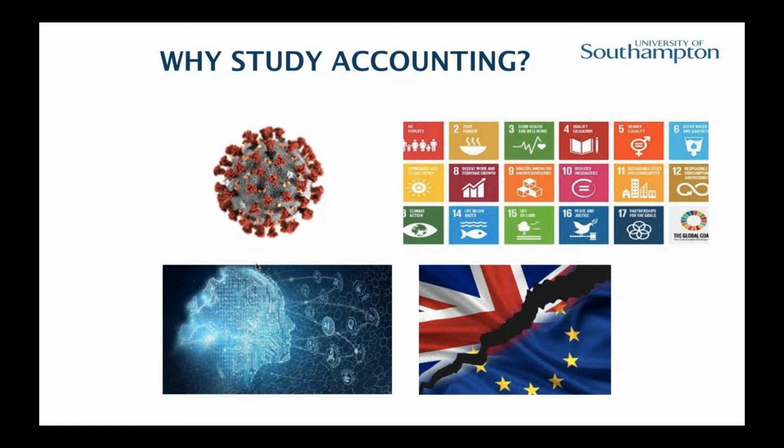Accountants within what we call accounting practice, and by this I mean professional accounting firms, have also been trying to translate all these new government initiatives, all of the tax breaks, all of the government loans, all of the furlough schemes, into relatively straightforward advice for businesses so they can use it.